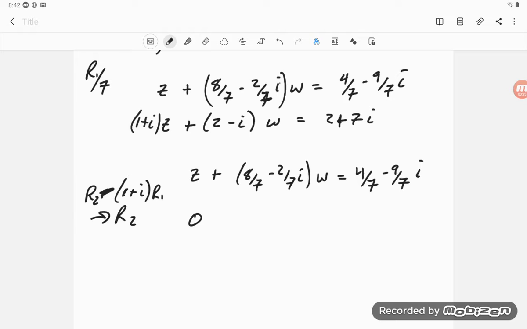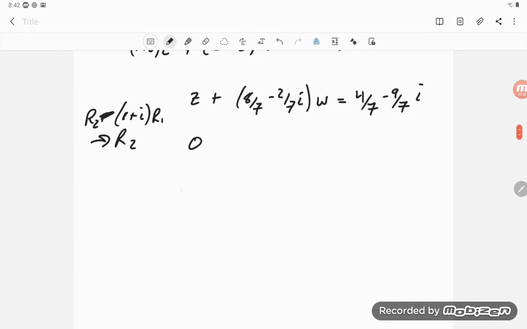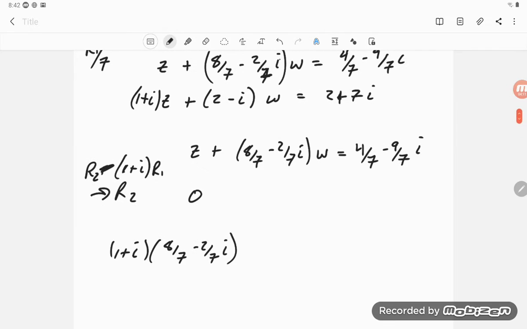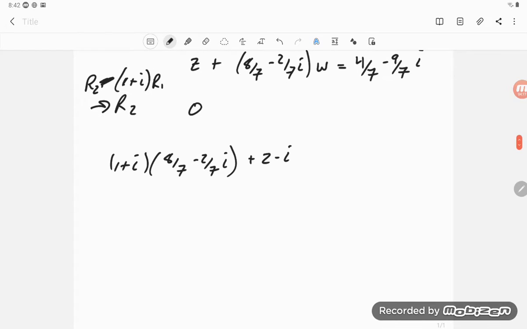So now I have to take the negative of that (1 plus i) times this 8/7 and so forth. So what I'm going to do is write down here, do my calculations, and then go from there. So I have (1 plus i) times (8/7 minus 2/7 i), and then I'm going to add that to 2 minus i.